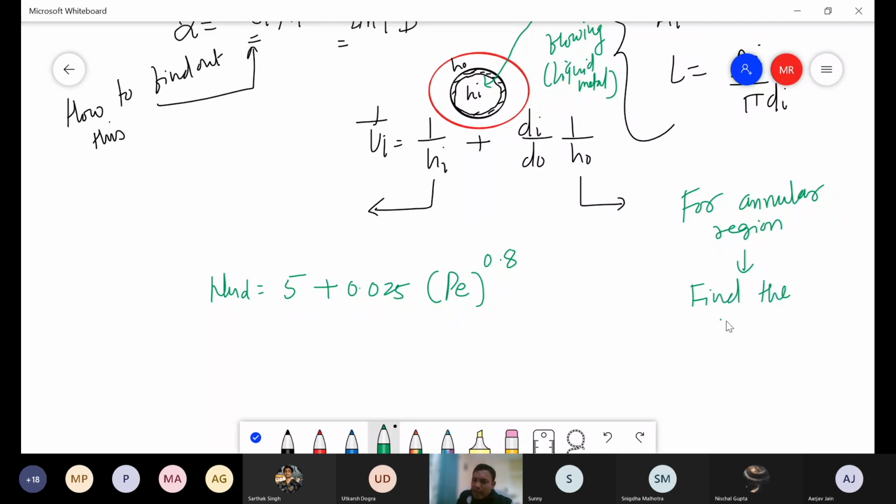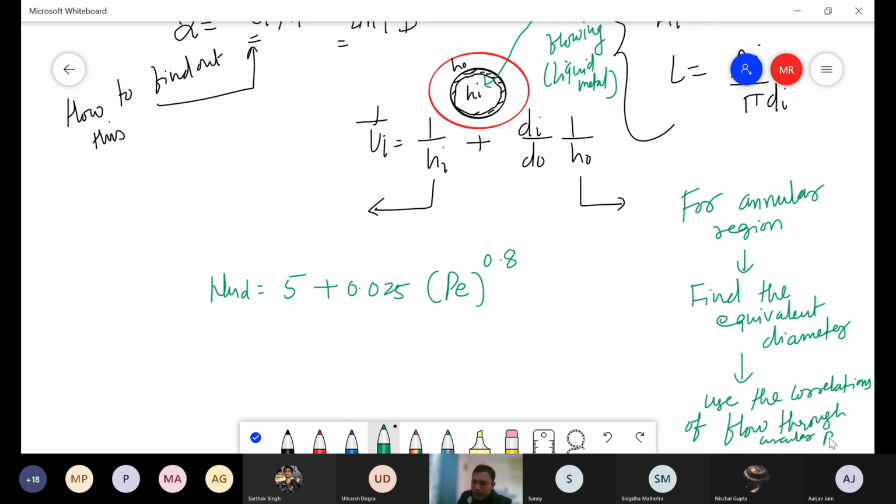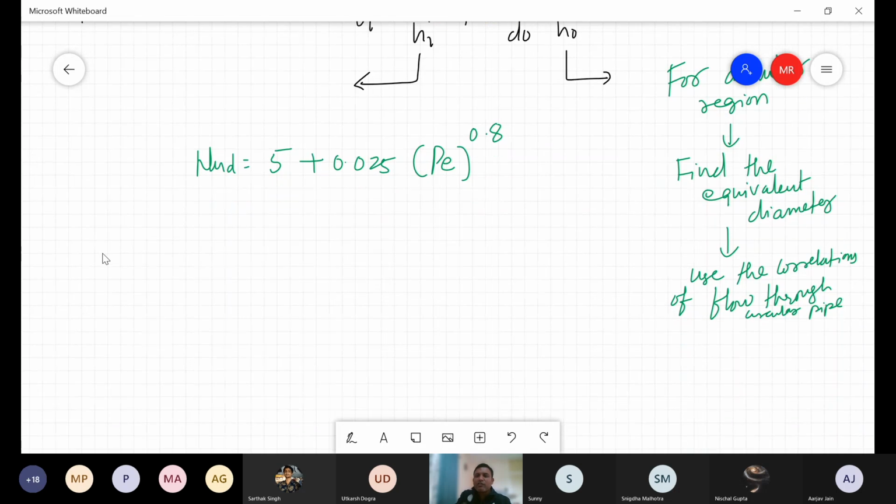Once we know the equivalent diameter, then we can use the correlations of flow through a circular pipe. Yes or no? Do you all agree?